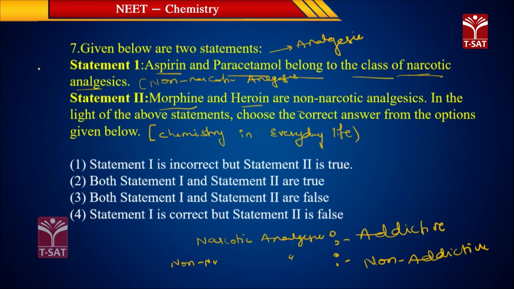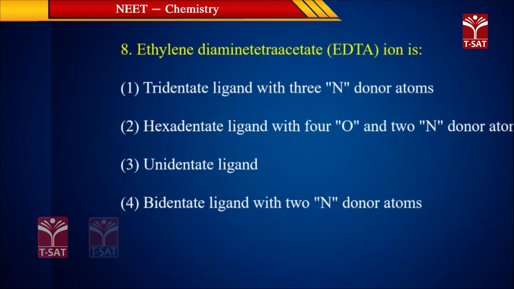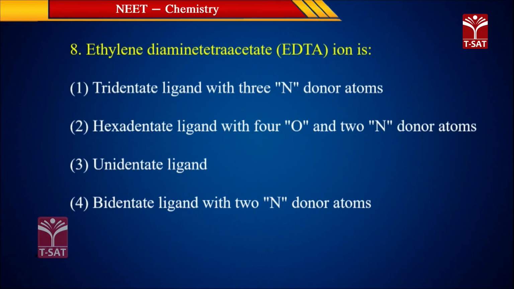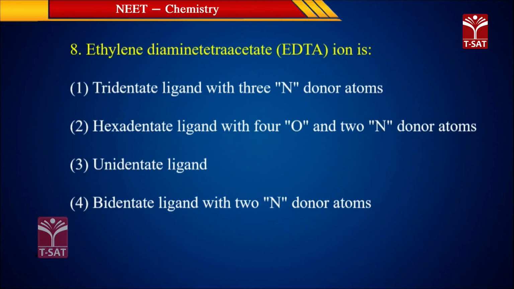So they have given wrong statements. The first one is non-narcotic, and in the second statement, morphine and heroin are narcotic. Both statement 1 and statement 2 are false. They have given it vice versa. And next question: ethylene diamine tetraacetate. This question is from complex compounds. This chapter is very, very important.